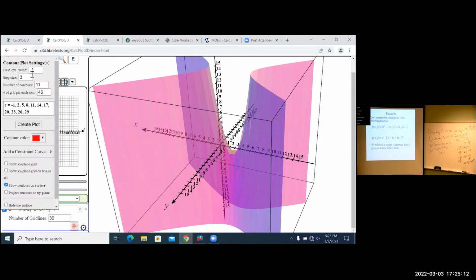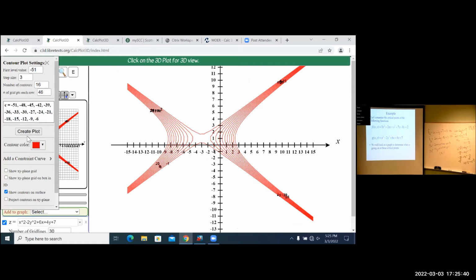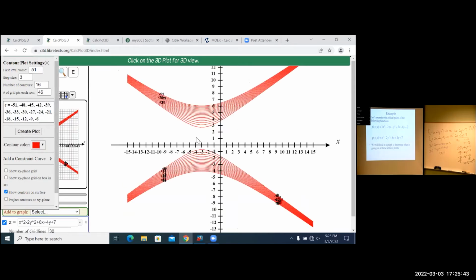And I want to show you what the contours look like on this guy. Right there's our critical point, (-3, 1). See how the contours kind of make an X? They don't have that concentric circle look anymore. In fact, if I move these down a little, let's do -5, and we'll add a few. You'll see it kind of has a look.